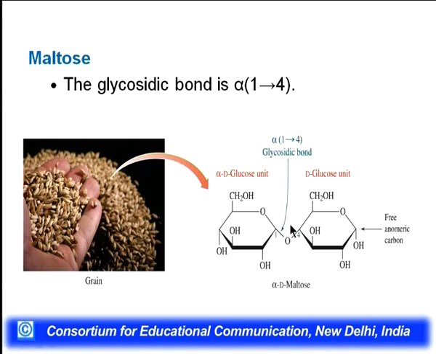This bond is between the first carbon of the glycon and the fourth carbon of the aglycon part. That is, the linkage is between the first carbon of one monosaccharide and the fourth carbon of the other, which is acting like a simple alcohol, to form alpha D maltose.